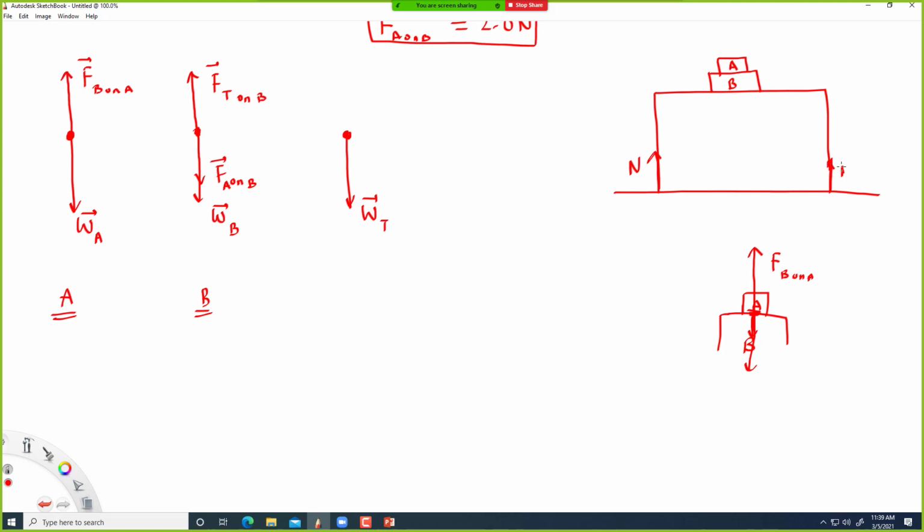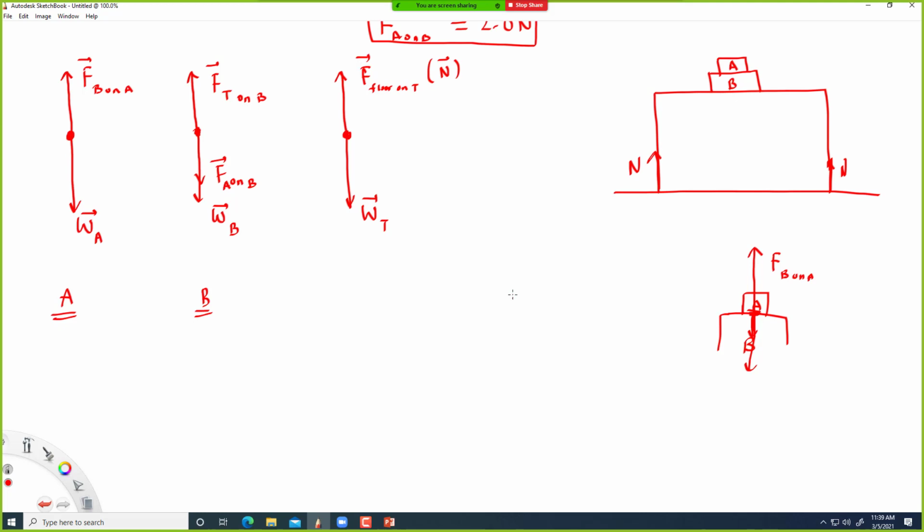So the net normal force provided by the floor on the table is N. Call that N, normal force. Or if you don't want to write that, you can also write force of the floor on table. Or you can just write N, whichever you want to write.